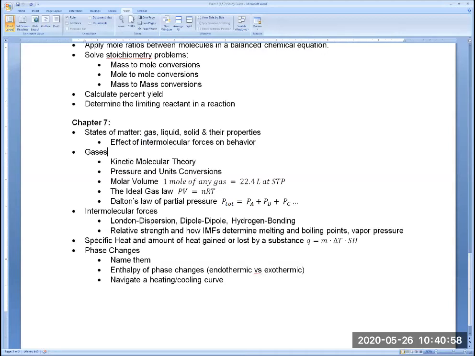And you have to balance that with the amount of kinetic energy. A gas will have a lot of kinetic energy versus a solid, which will have very little. That's what determines if you have a liquid, solid, or a gas at room temperature.